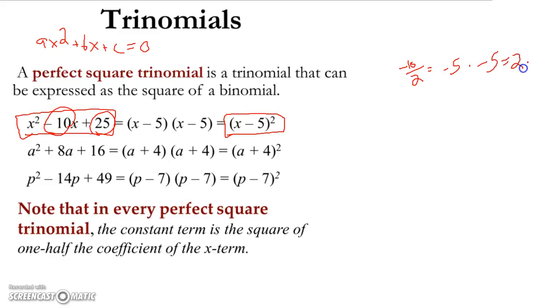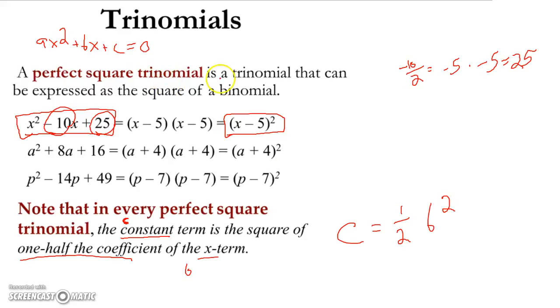That equals 25, right? So the constant term, your c, is the square of 1/2 of the x term, or the first degree term, or the b term.